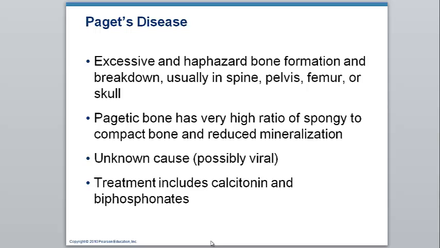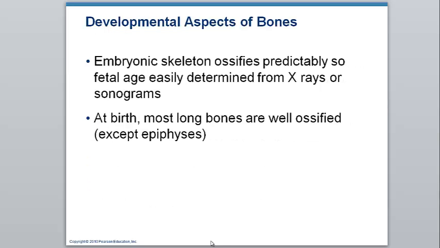So if you have the spine, pelvis, and femur having more spongy bone, that is going to cause fracture. So for that to stop, you give calcitonin and bisphosphonate. Calcitonin increases bone matrix, meaning osteon formation. That's basically what is happening. We don't know the cause of Paget's disease.